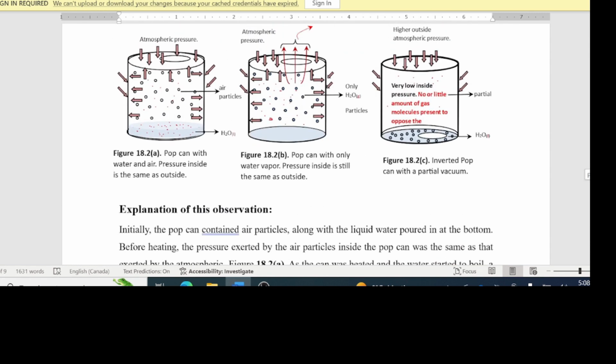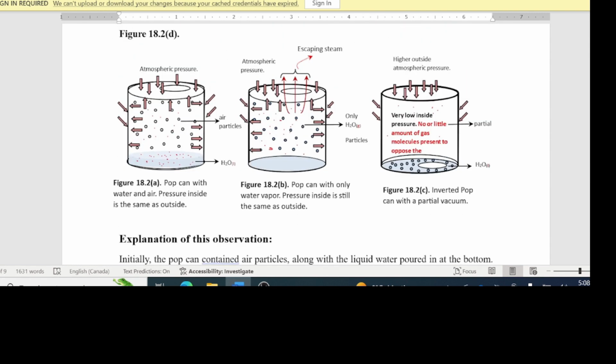So first of all, this here is your empty pop can, and we put in a little bit of water down here, about 15 milliliters. In this empty pop can here, the atmosphere is pressing on the outside of the can, but the air particles inside here, along with whatever little bit of water vapor is present, are also exerting a pressure on the inner walls of the can.